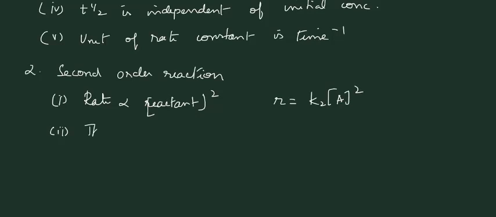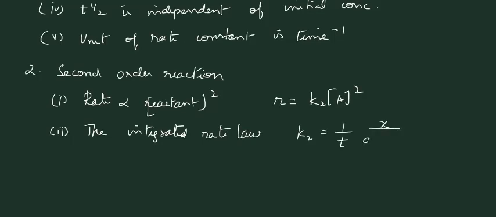The integrated rate law is given by K2 is equal to 1 by T x divided by A into A minus X.